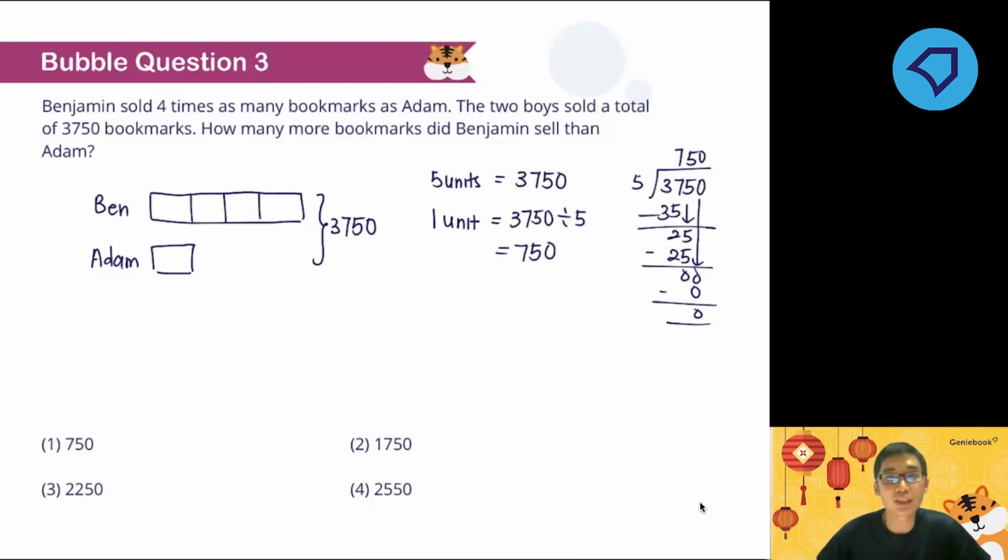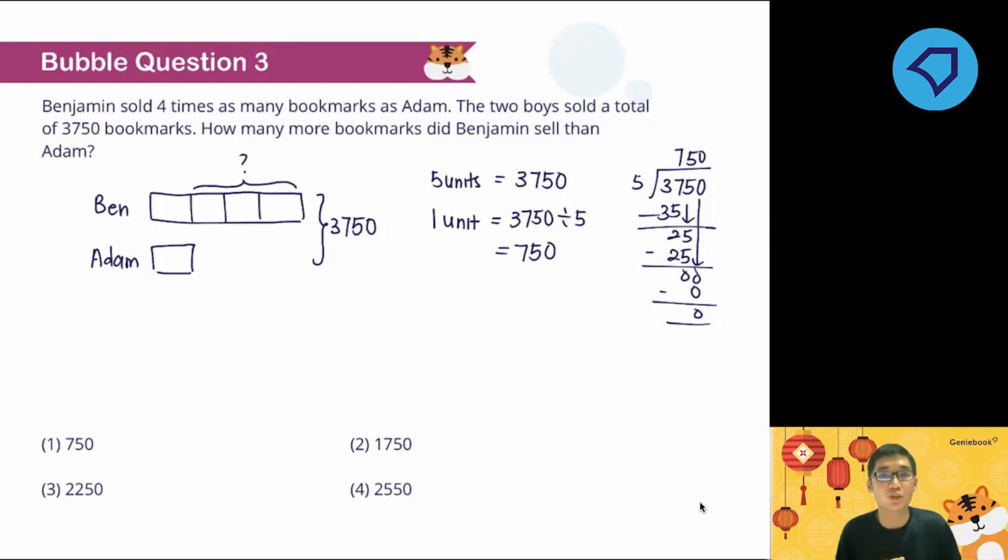Now the question is, how many more bookmarks did Benjamin sell than Adam? Since we know that Benjamin sold 4 units, while Adam only sold 1 unit, can you see how many more units Benjamin sold than Adam? Yes, 3 units more. Very good. So in this model, it's actually this 3.